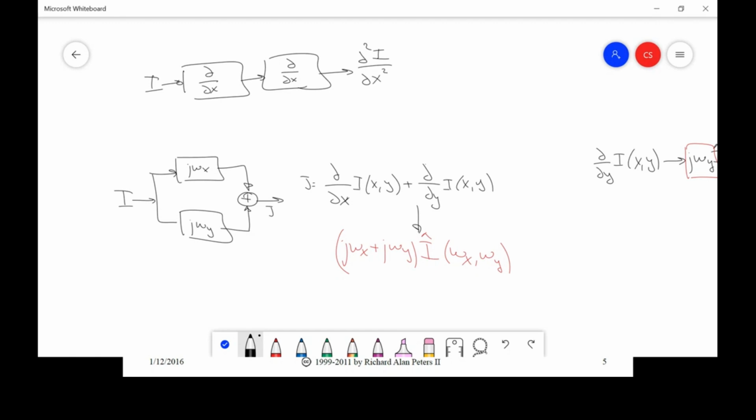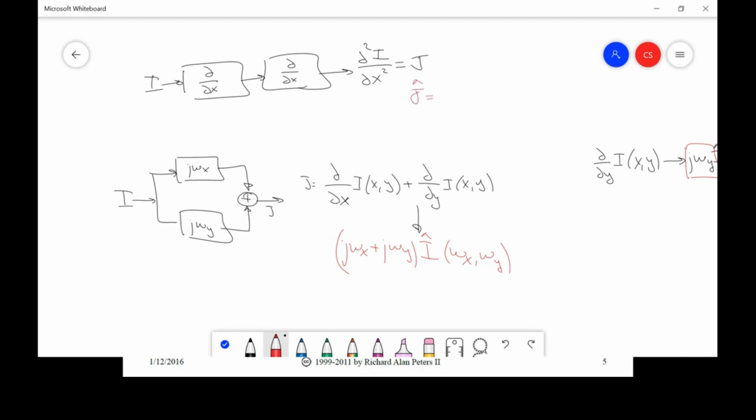Okay, so it is very simple, because what is the Fourier transform of that image? So this is j. Let's make it black. This is j. Okay, so what is the Fourier transform of j?